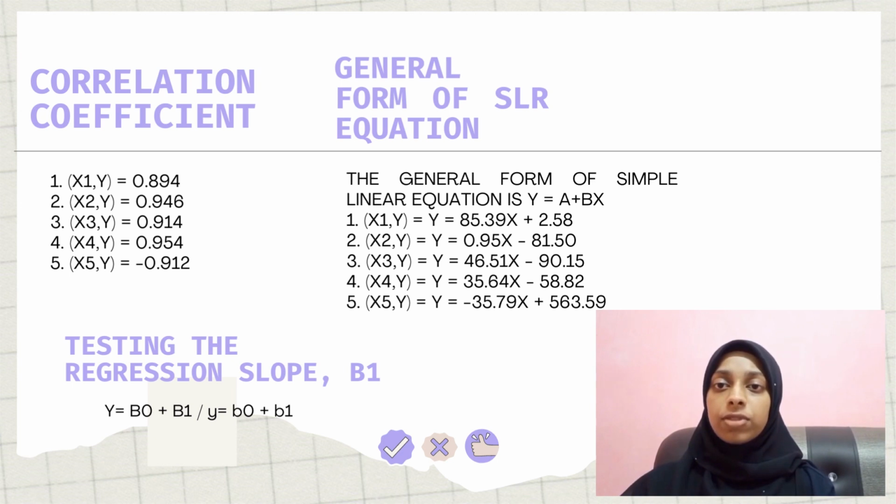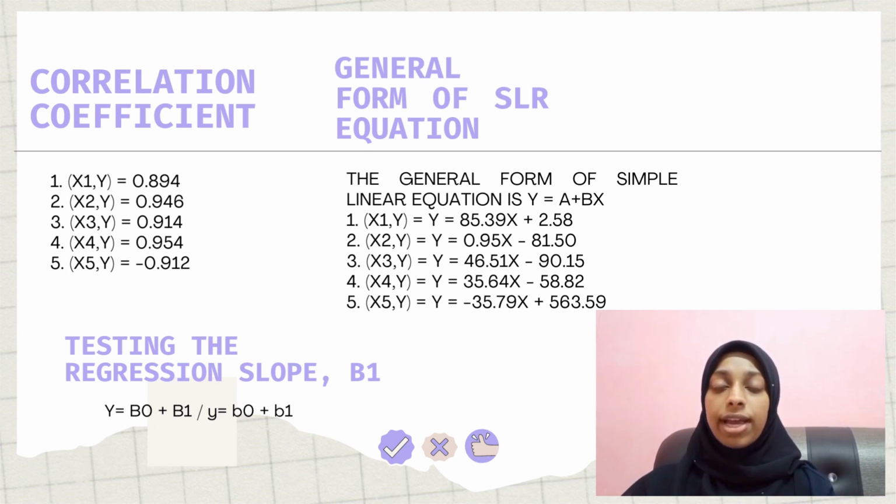The general form of the simple linear equation for x1 is y equals 85.39x plus 2.58. For x2, y equals 0.95x minus 81.5. For x3, y equals 46.51x minus 90.15. For x4, y equals 35.64x minus 58.82.